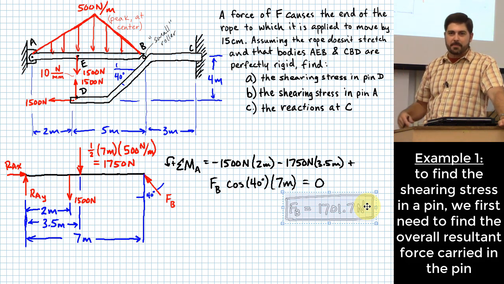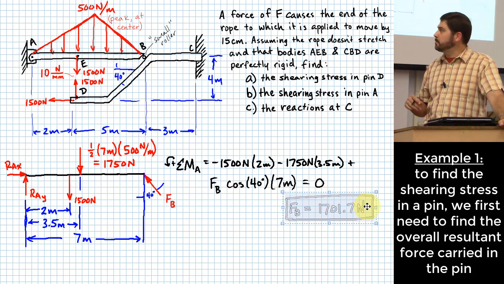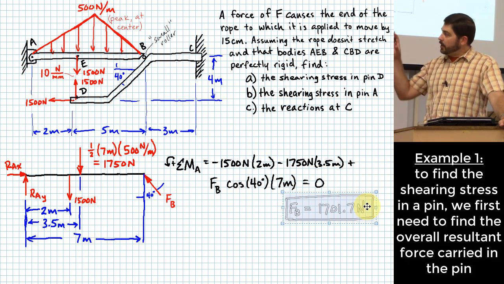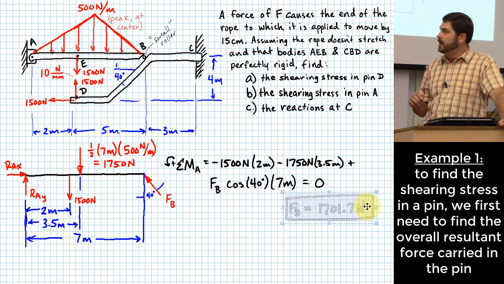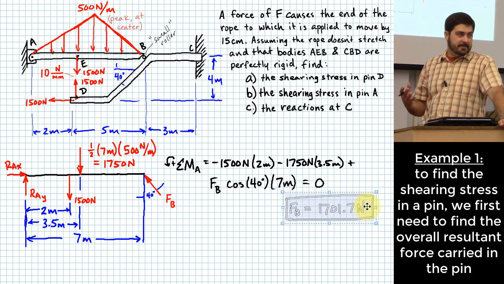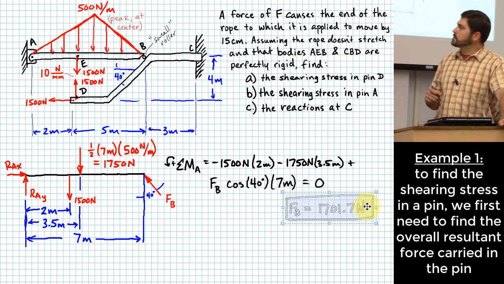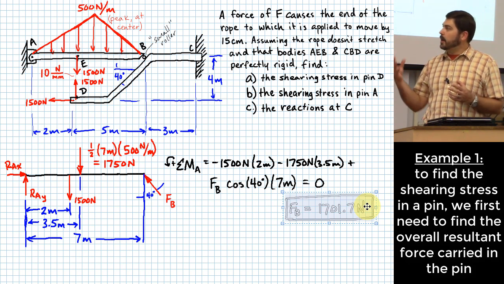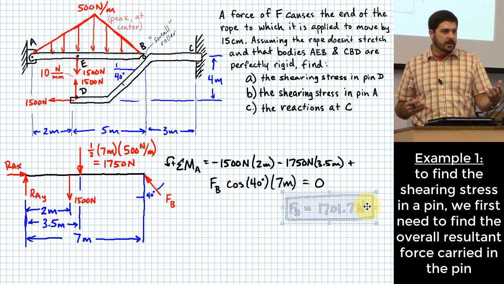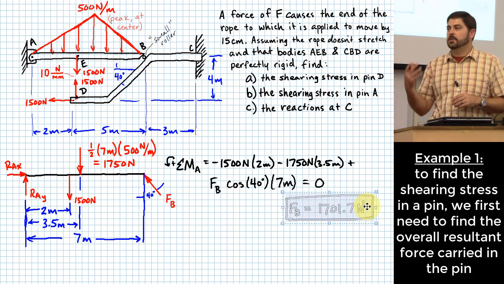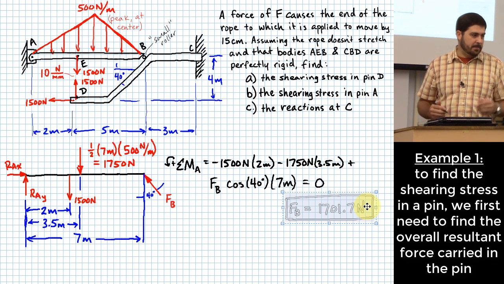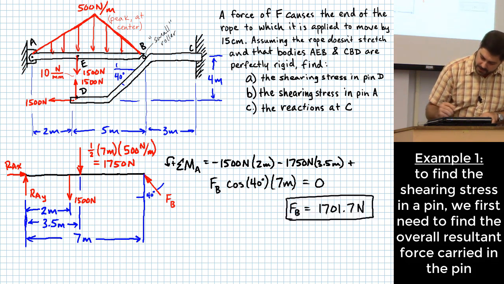I'll come back to it in a minute and get that shearing stress in pin D. But I'll go ahead and shoot for trying to find the shearing stress in pin A. To do that, what do I need? Right, I need to do sums of forces in the x and y so that I can figure out what RAX and RAY would be, and those can be used to find a total force at A, which then can be used to figure out how much stress happens in that pin. So let's go ahead and get started with that.